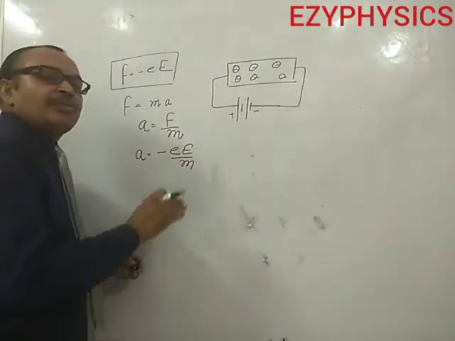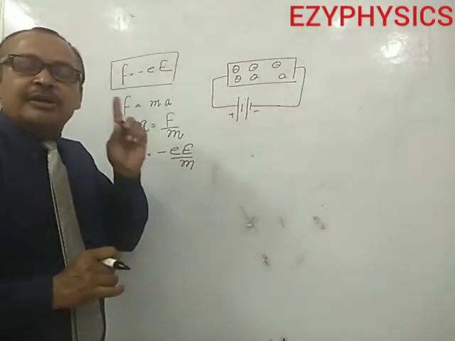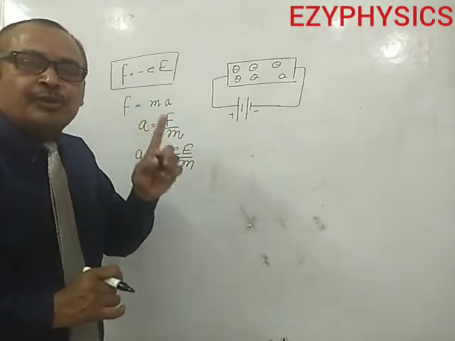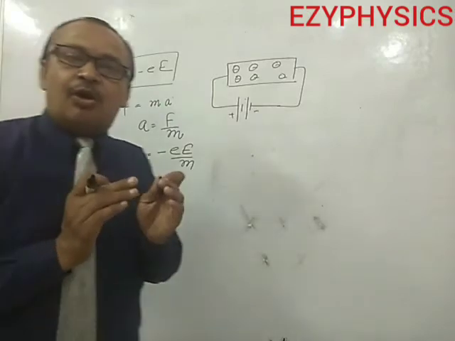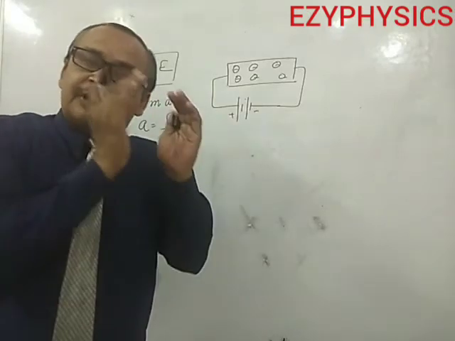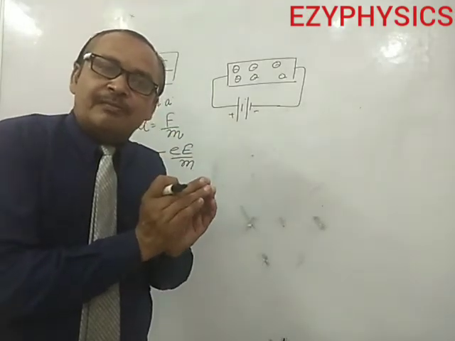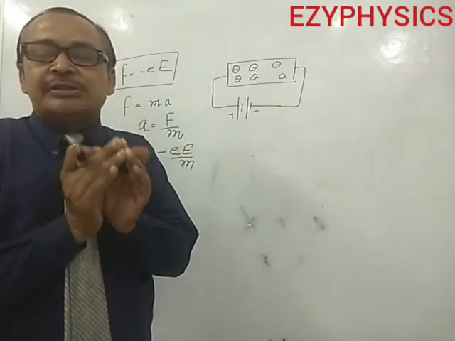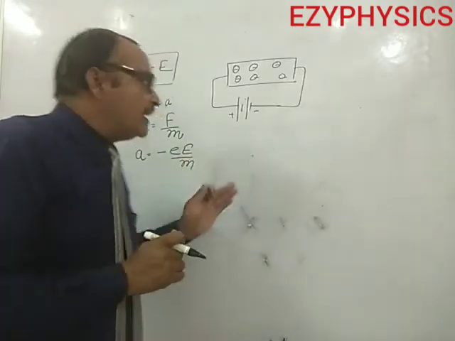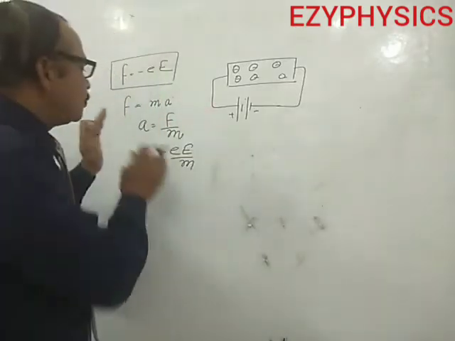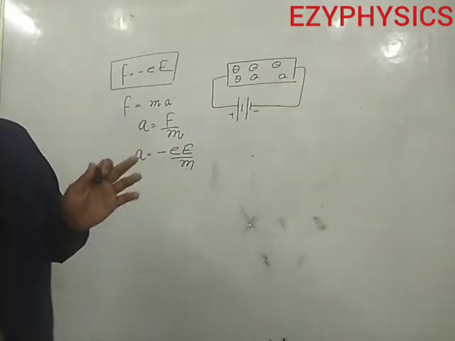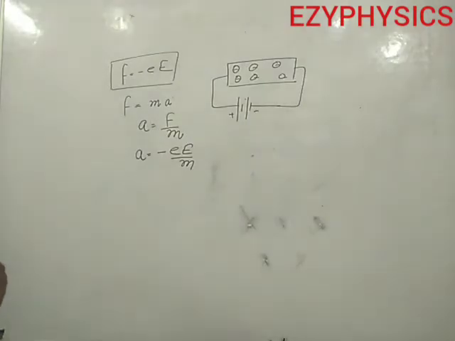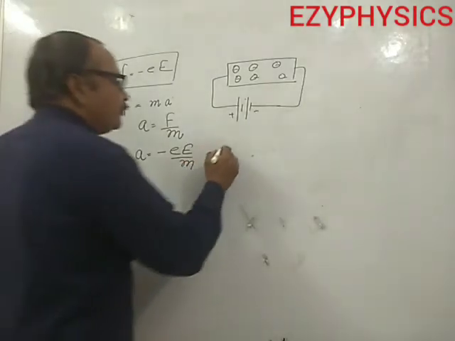It means each electron is moving with a velocity which is the sum of the thermal velocity and the velocity acquired due to the force applied by the electric field.